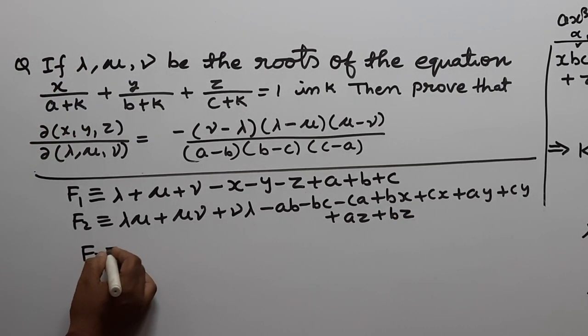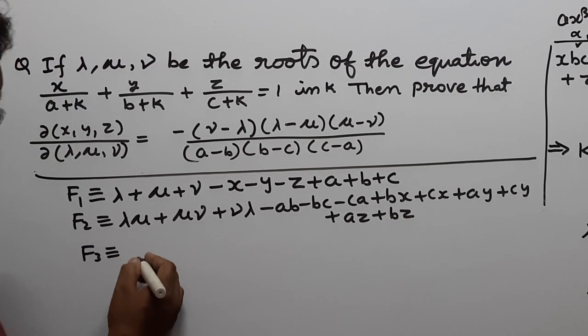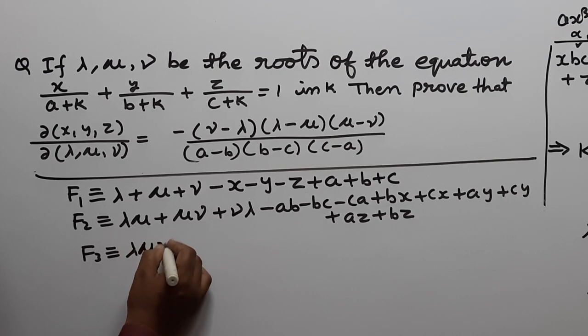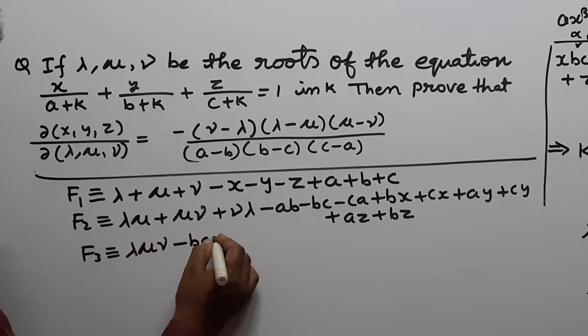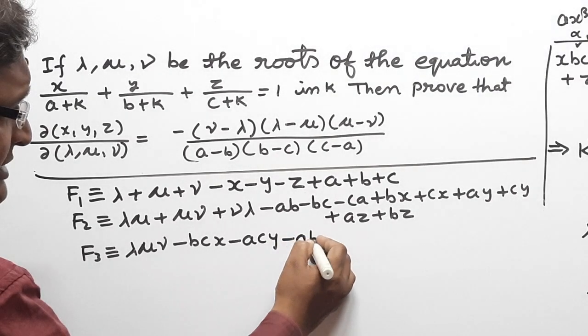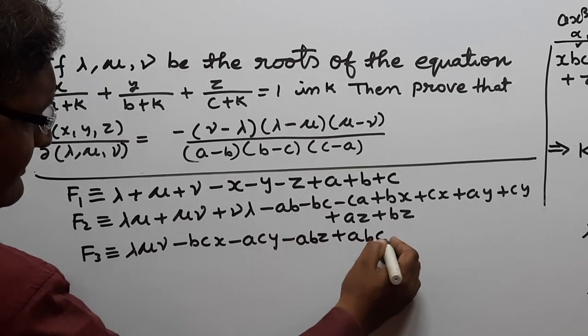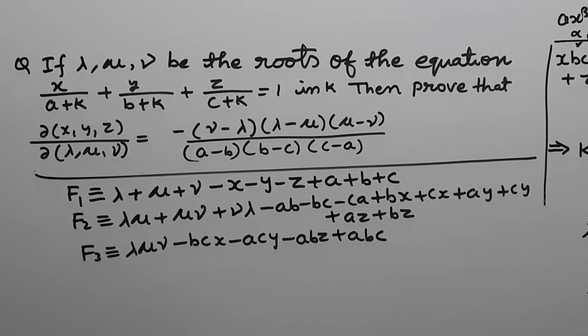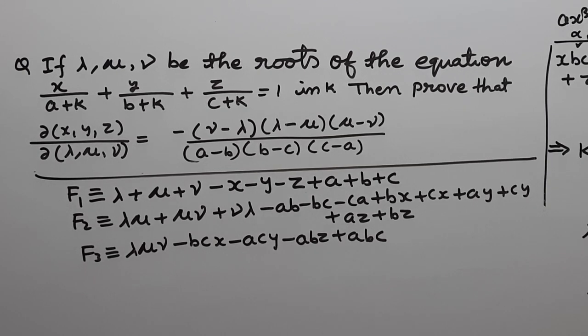Similarly, the third implicit relation is given by lambda mu nu minus bcx minus acy minus abz plus abc. Here we can see the implicit relations are given.